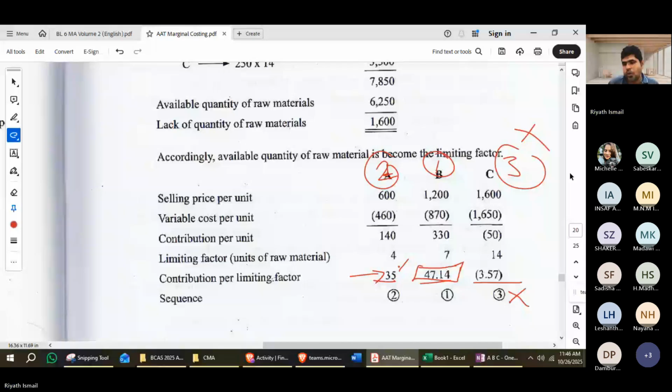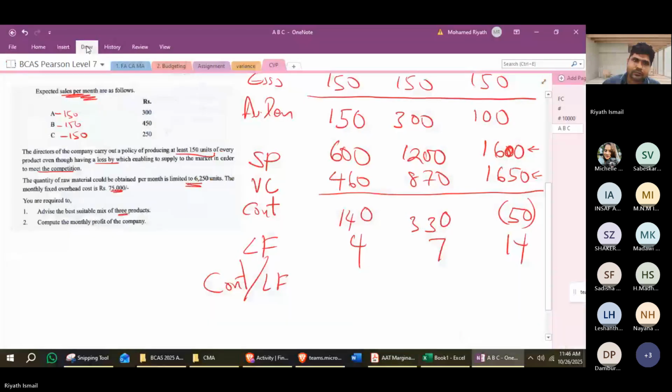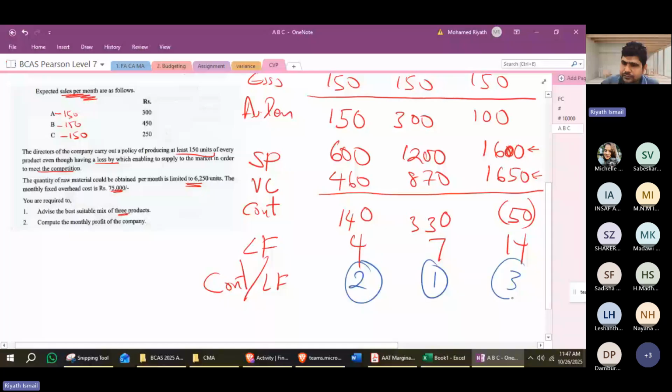So we rank B first, this is 2, this is 3. Right. So here we have available demand 150, 300, 100.